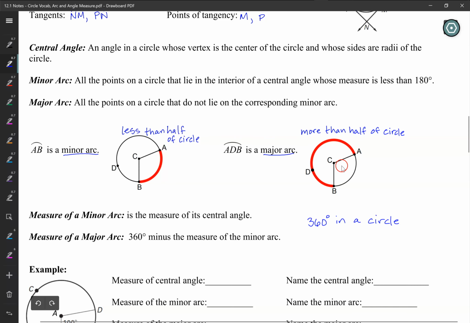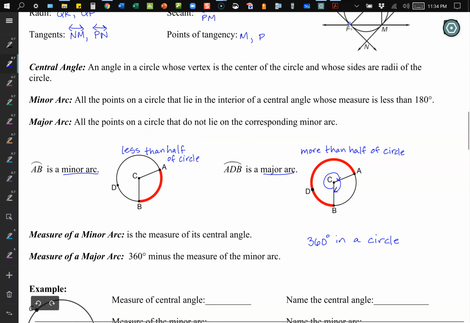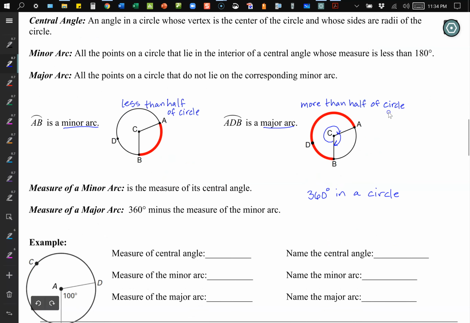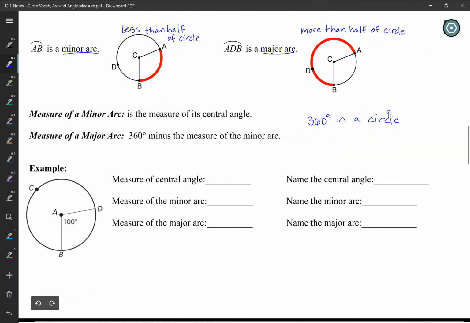So if we figured out how far it was from here to here, and we want to figure out how far around the rest of it is, what we do is we take 360 and we subtract that angle measure. And so the measure of the minor arc is the measure of that central angle. The measure of the major arc is 360 minus the central angle. So let's look at an example here.